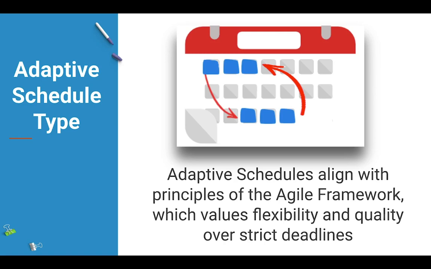There's a high degree of configuration. You allow assignees to take ownership over when their tasks should be scheduled. And the adaptive schedule type reacts to reality versus sticking to a plan that might not be very realistic at any given moment.